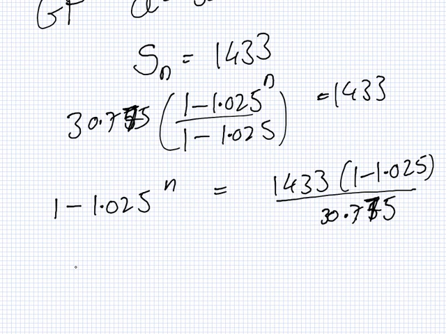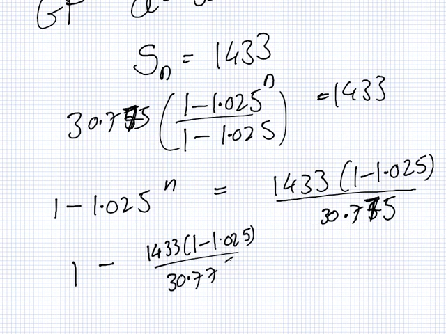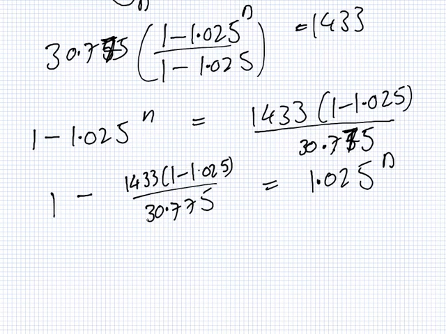So that means 1 minus 1433 times (1 minus 1.025) over 30.775 equals 1.025 to the power n. Can someone hit that in? What is it? 2.164 equals 1.025 to the power n.